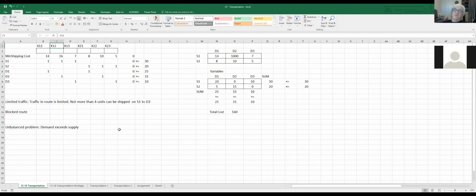And now, but you have 11 different markets. And you have to ship to all the markets from each plant. The number of variables you are going to have will be 33. 3 by 11, x11, x12, x13, x21.